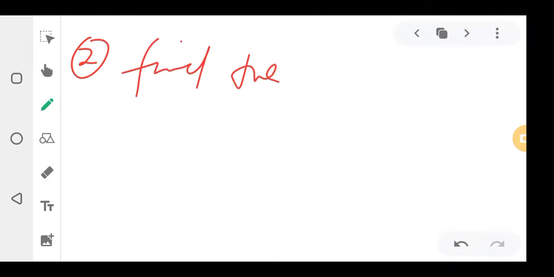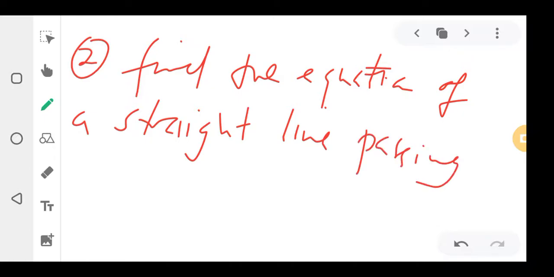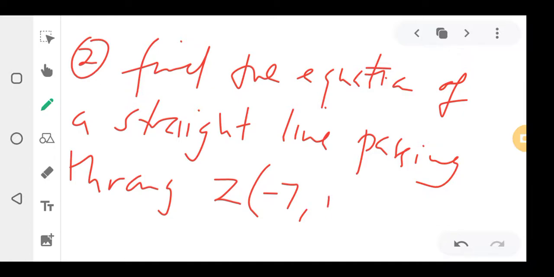Find the equation of a straight line passing through point Z, it is negative 7, 1 closed, and P is negative 2, 0.